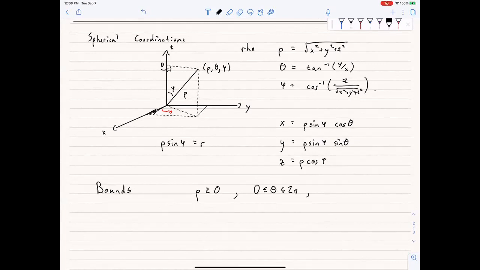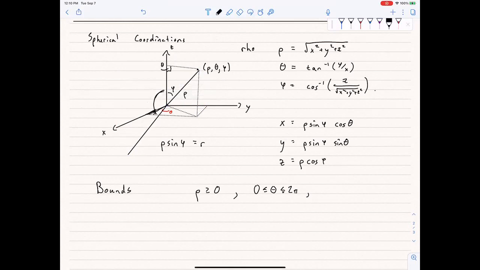What about phi? Well, phi describes this angle here, right? It's the angle made with the positive z-axis. So what we can do is take this and move it, and we'll see that phi grows and grows. If I bring it down, phi is going to be this angle.